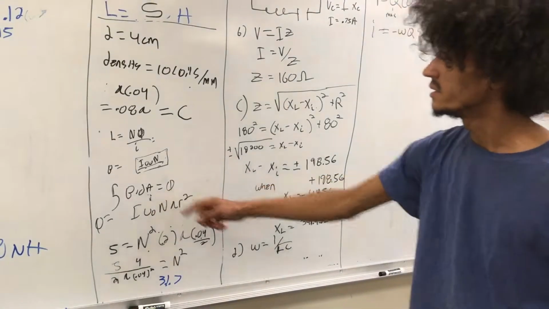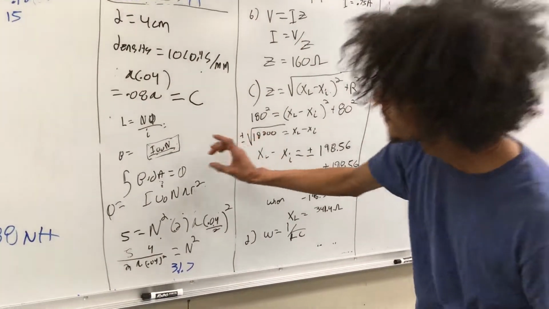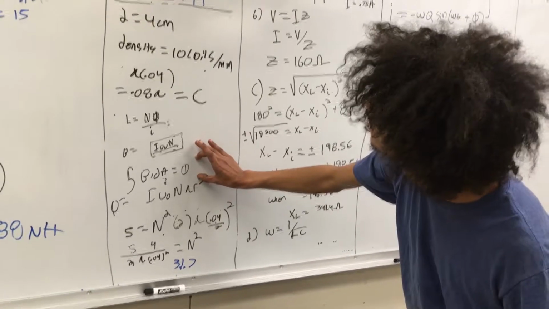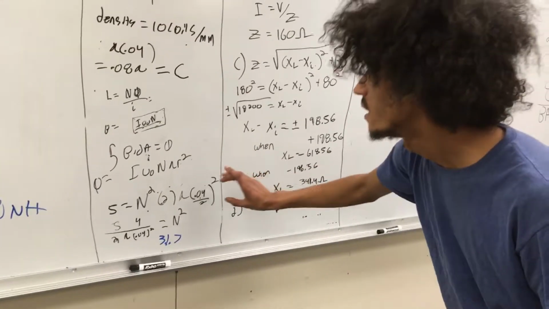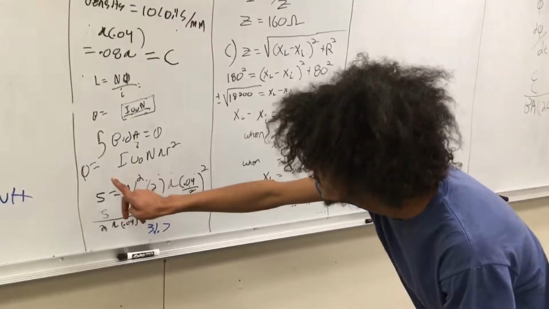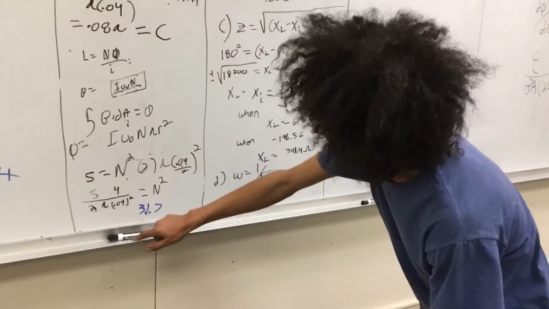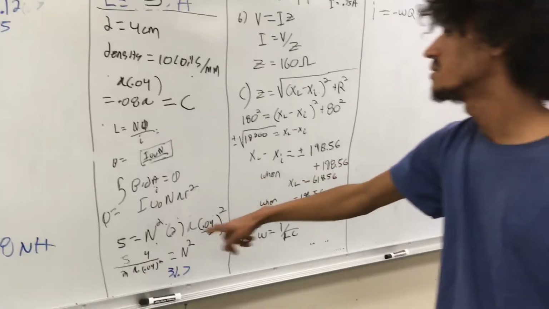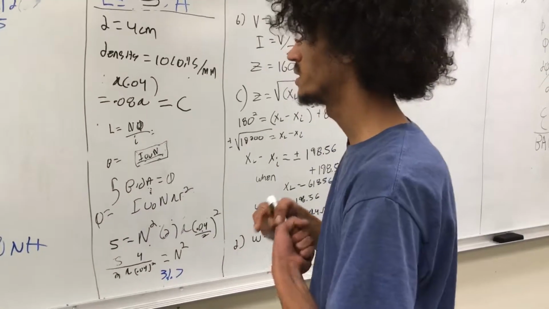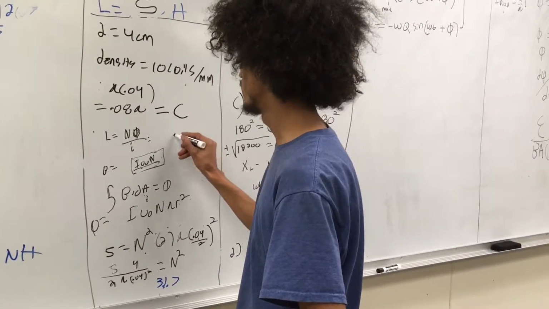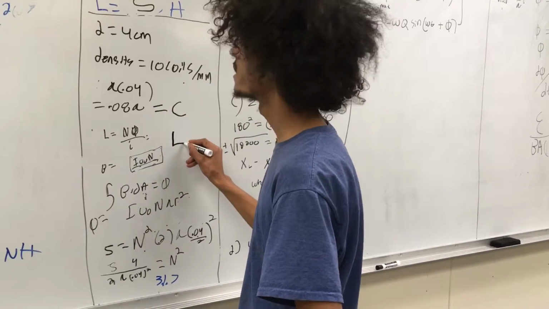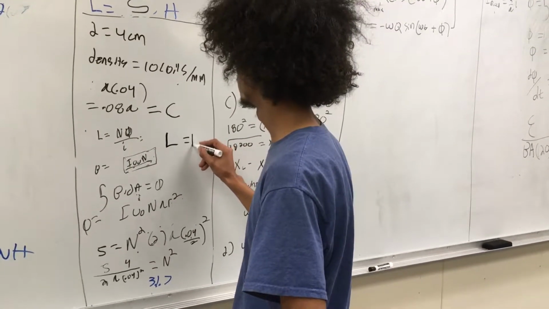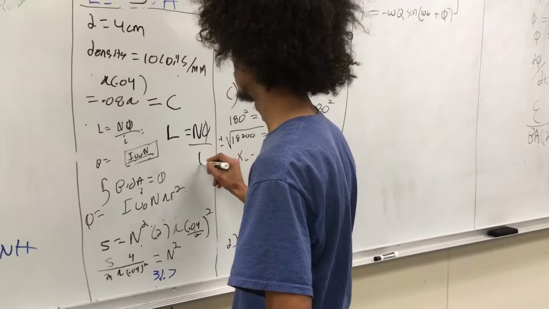I tried to figure that out by using B·dA to get flux. Oh no, to get B. Wait, what did I do this to get? B·dA. Okay, this is inductance, so to get flux, because we want to use the equation L equals flux over I, I believe.